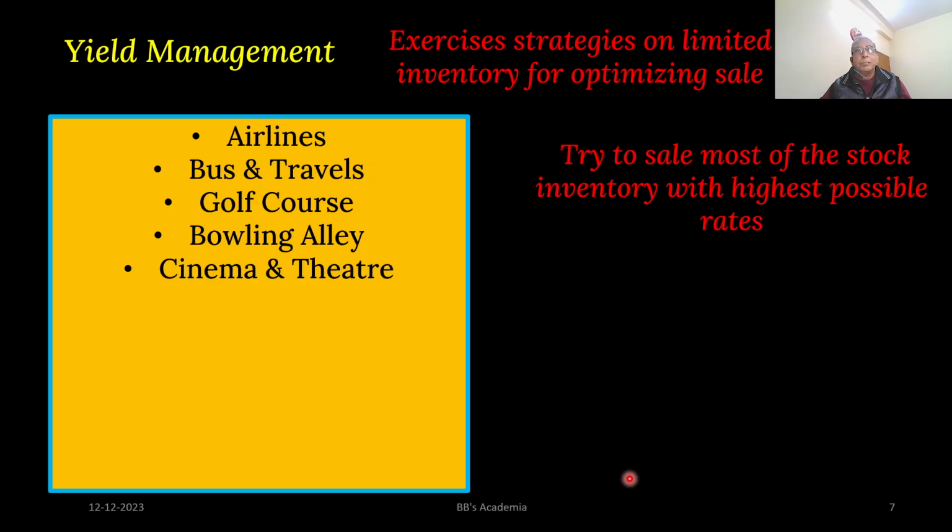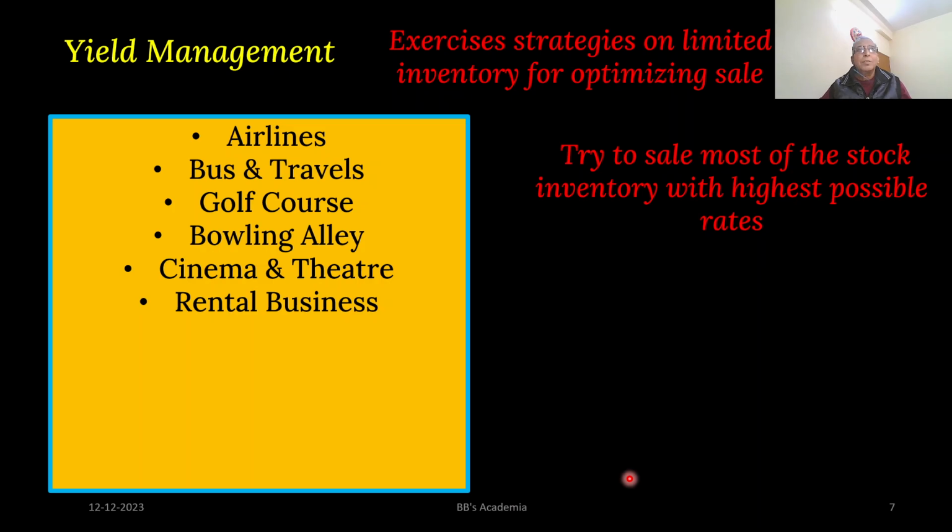Cinema and theater, same movie at 11 o'clock in the morning has a different rate. At 3 p.m. or in the evening or night show, the rates are different because yield management is also applied in cinema and theater.